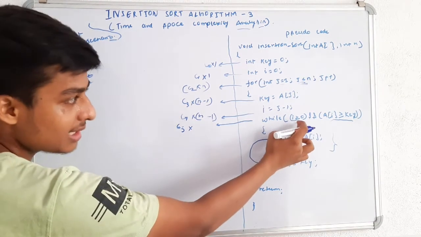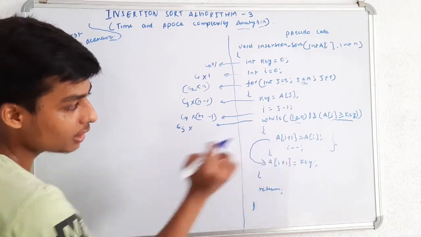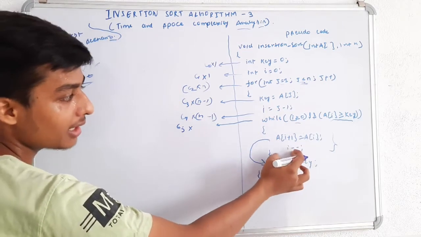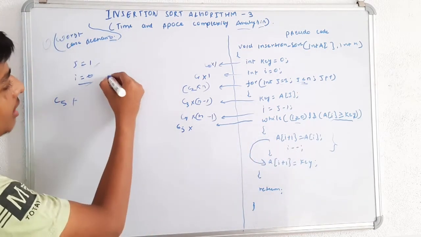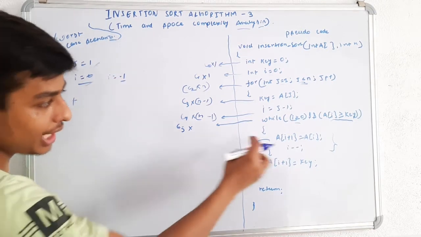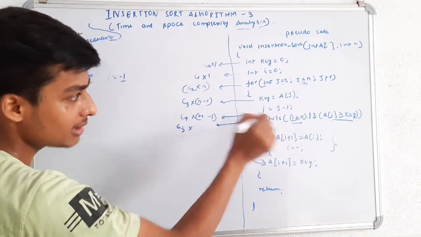Now this condition is satisfied for i equals 0. Now it will come inside the while loop, do some operation here, and it will decrement the value of i with i minus minus. Now the i value has become minus 1. So it will again come here and check whether this condition is satisfied or not.